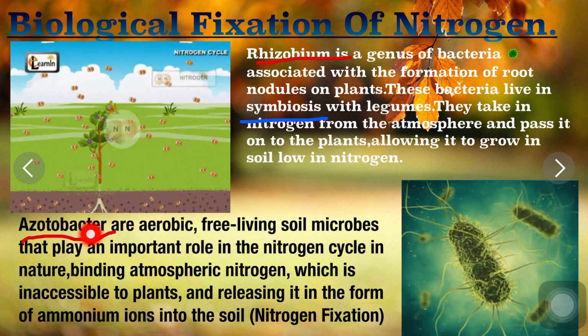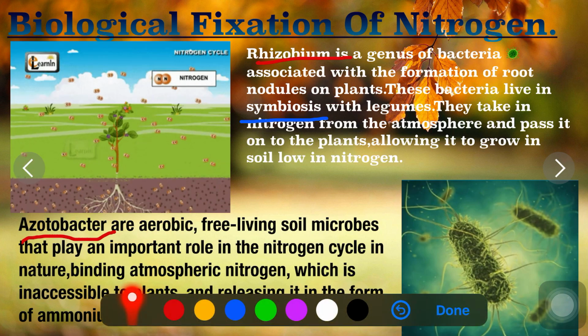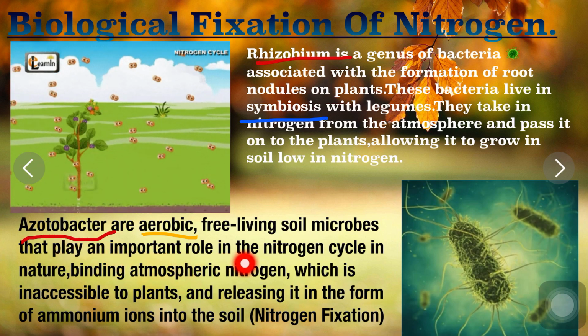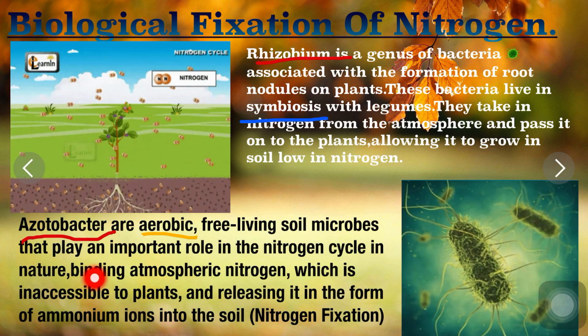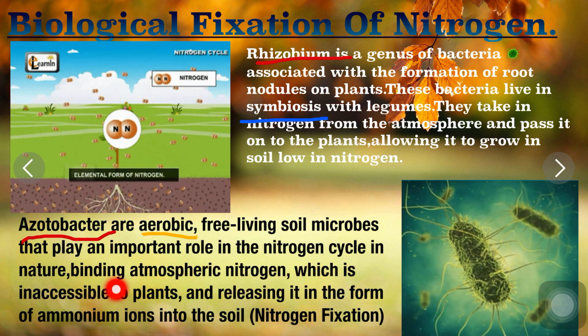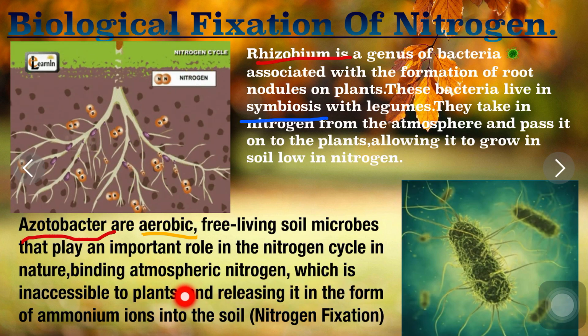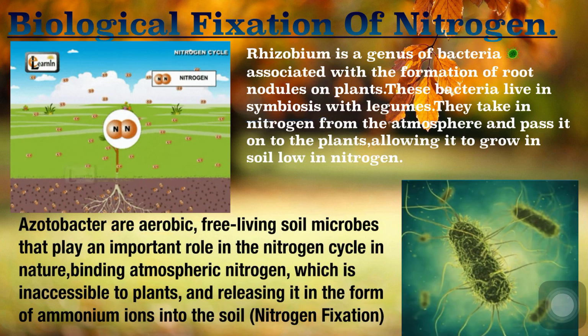Next, Azotobacter are aerobic. Aerobic means they need oxygen. They are free-living soil microbes that play an important role in the nitrogen cycle in nature, binding atmospheric nitrogen, which is inaccessible to plants, and releasing it in the form of ammonium ions into the soil, which is nothing but nitrogen fixation.